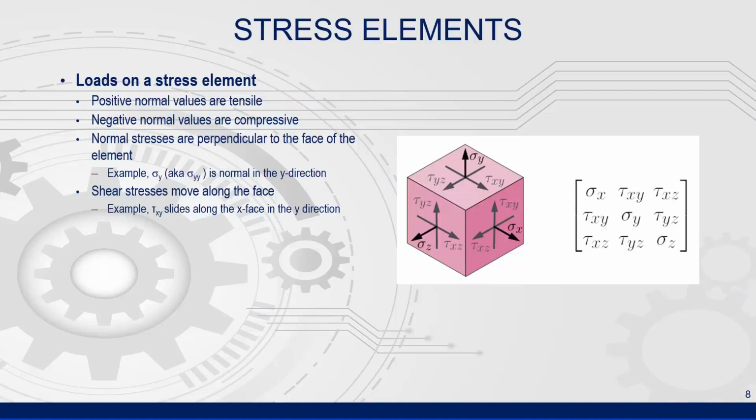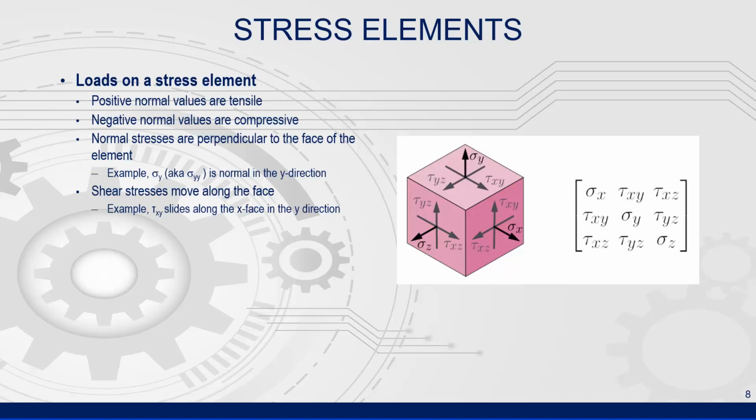Note that the same applied load may result in both tensile and compressive stresses on the machine member. So depending on the location for the element under your consideration, you may have either compressive or tensile stress.